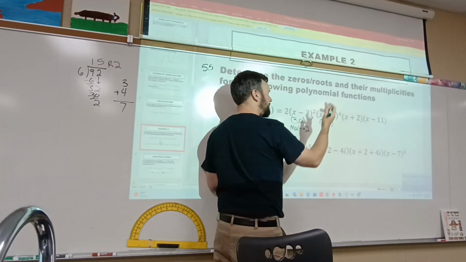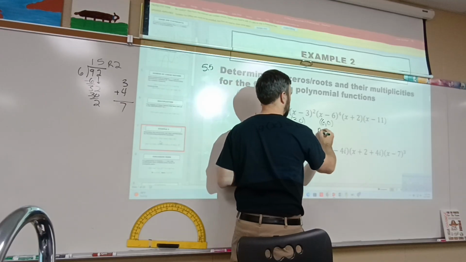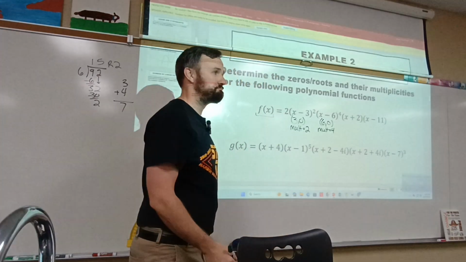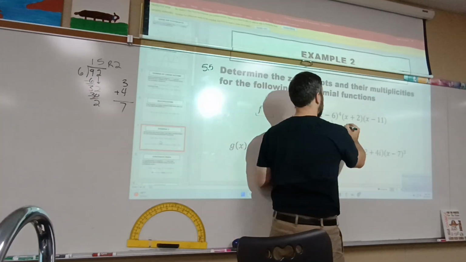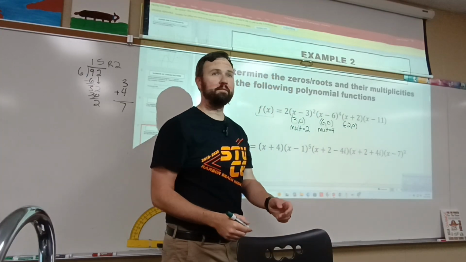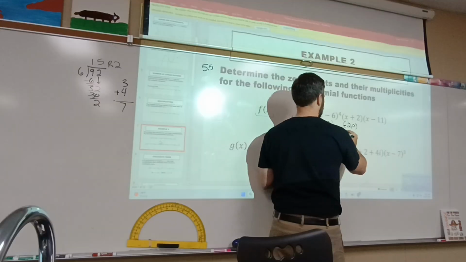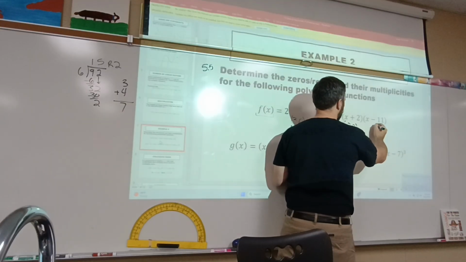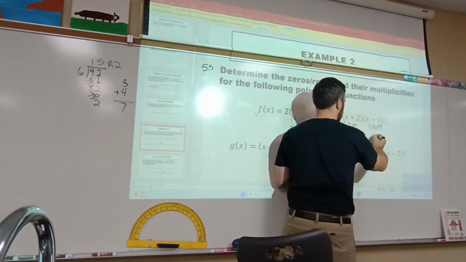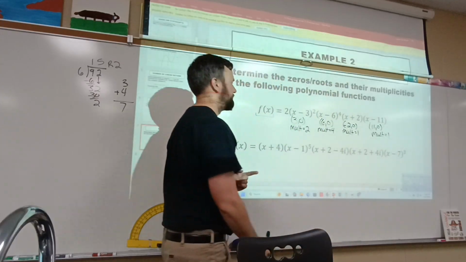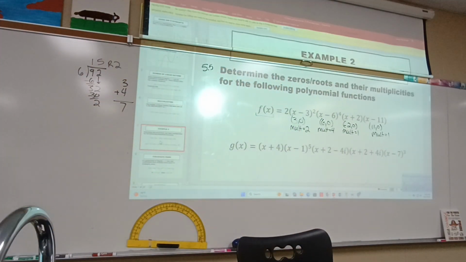How many times do I hit that 0? 4. This 0 is -2, 0. How many times do I hit that one? Once. And this one I have 1, 1. You don't have to write the points every time. And that's a multiplicity of 1. How's that? That's not too bad, right? We can do that.